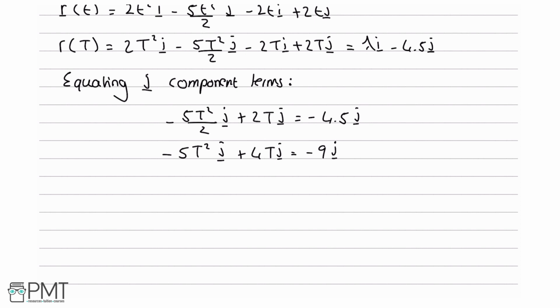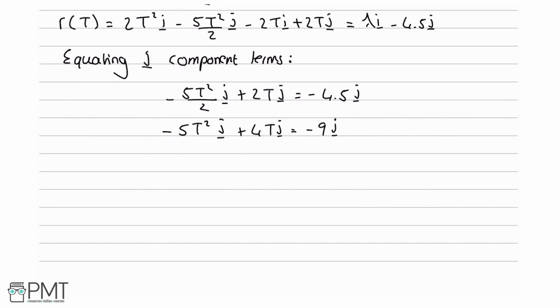And then from here, we can say that this simplifies to minus 5t squared plus 4t plus 9, which equals 0. Okay, so all I've done is bring this minus 9 to the other side and eliminate the j term. Now, if you use the quadratic formula, you would need to use the fact that a is minus 5, b is 4, and c is 9, and you would get two answers.